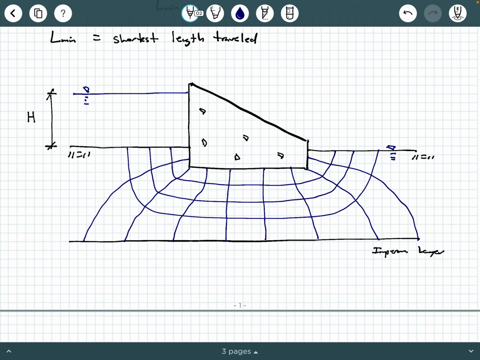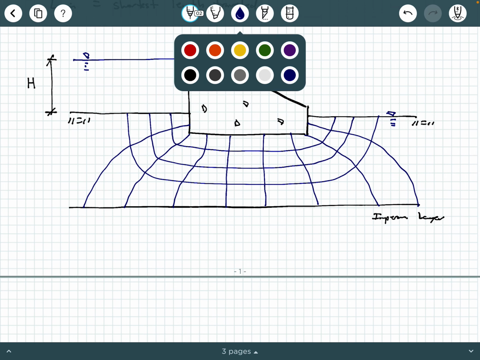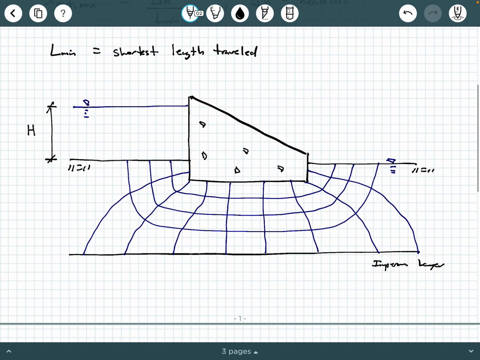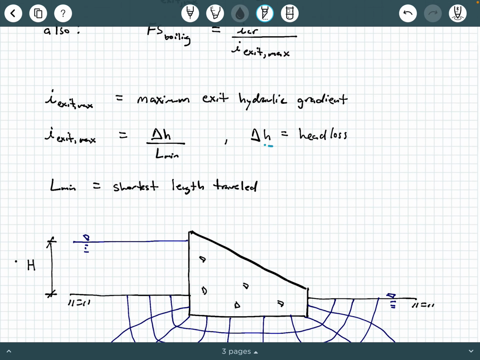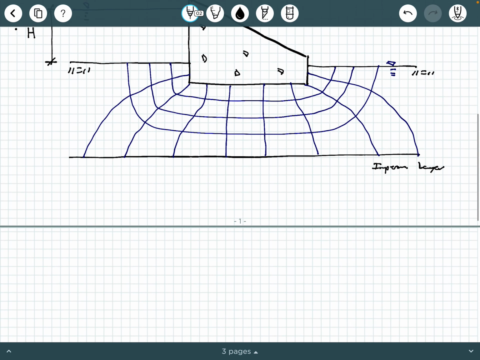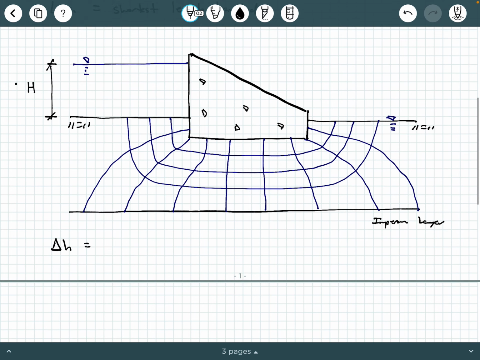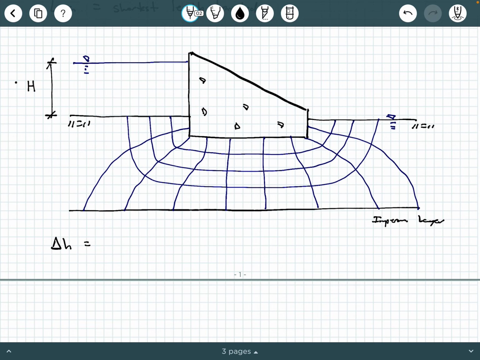And so we know that the water is going to be flowing from upstream to downstream. What we would do is first go ahead and get that head loss, that delta H. How would we do that? Well, we would say delta H equals the change in head over the number of drops.